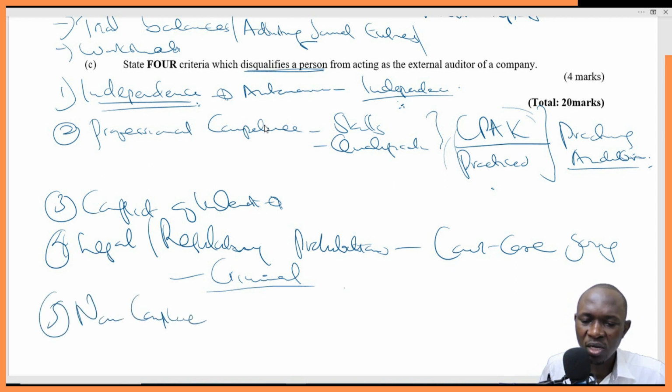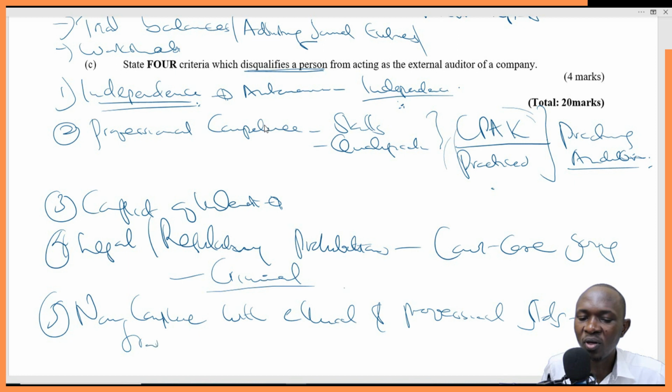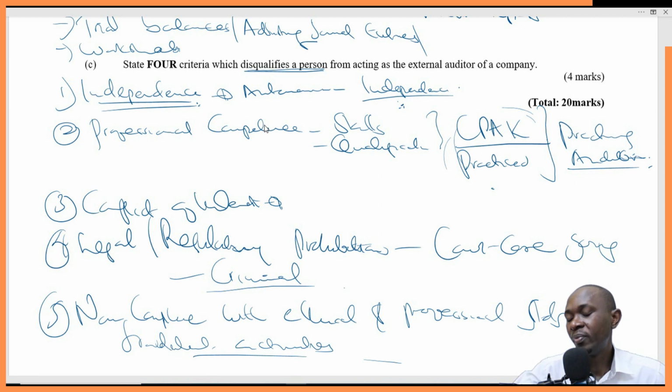This is where an external auditor is found to engage in, say, fraudulent activities, or he also joins others in misrepresenting the company's state of affairs. In such cases, he will have failed to maintain professional competence, and that will result in his disqualification. So all those are 5 points, but we also have others.